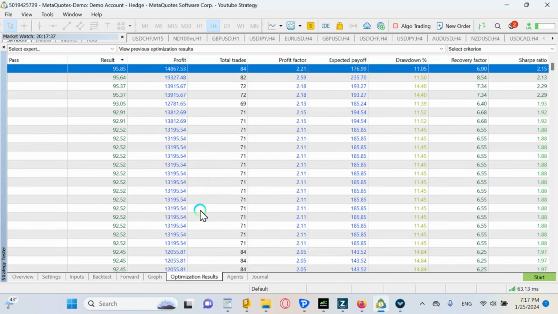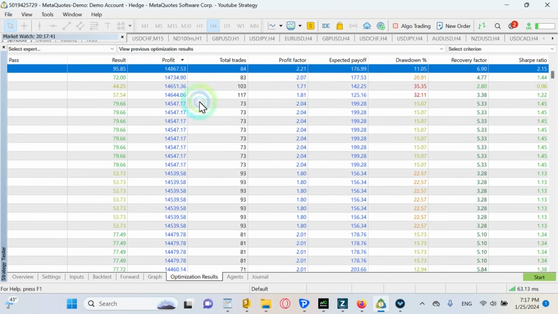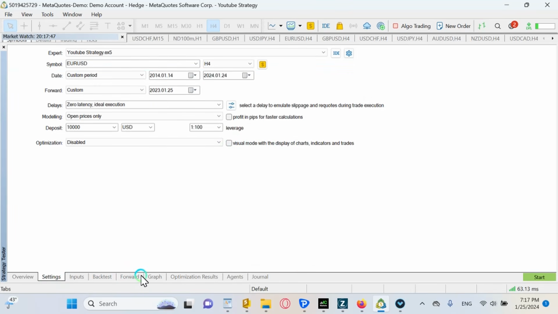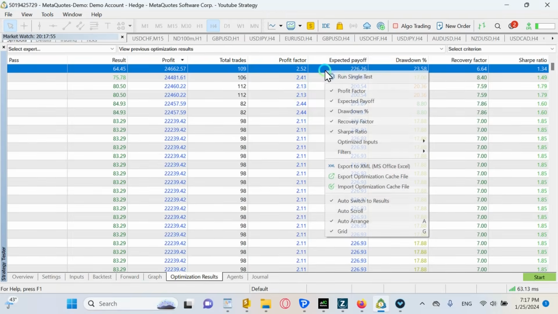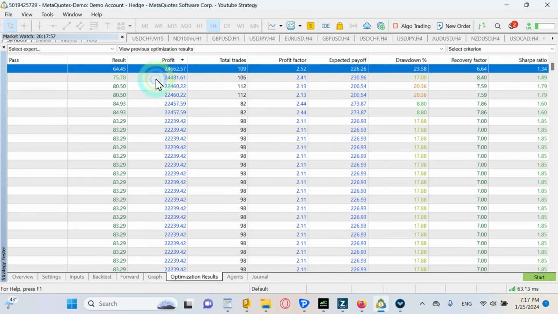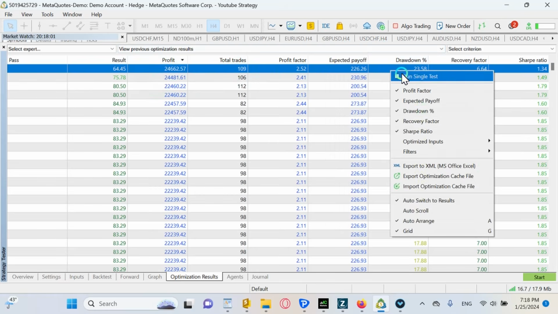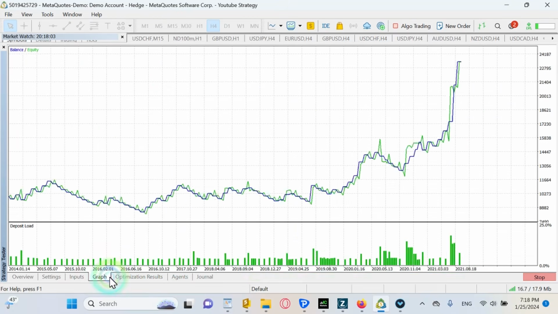Now let's see something else. Let's see if we filter by profit, because most traders filter by profit, and this is why I showed you the complex criterion max. This is the highest profit one that we got from the optimization under 1000 passes.